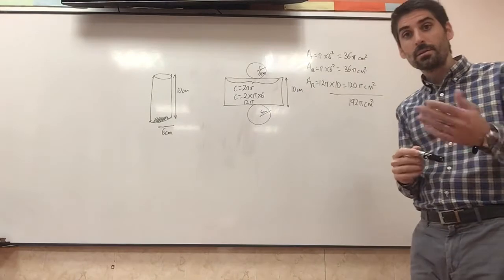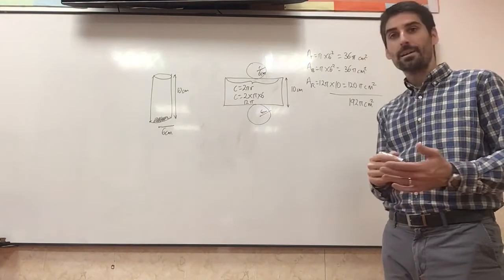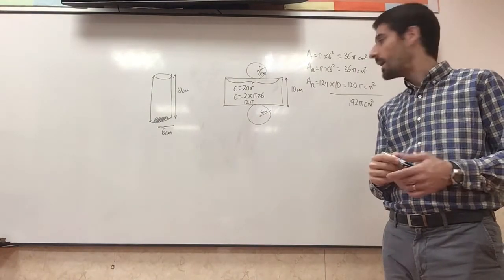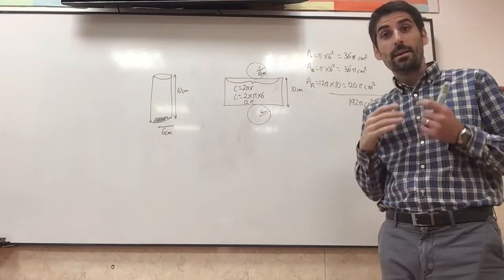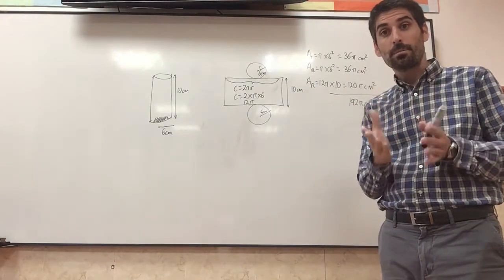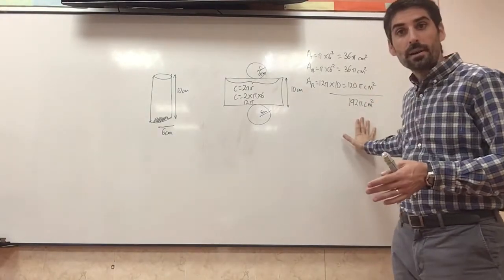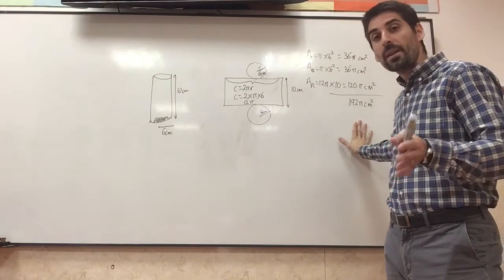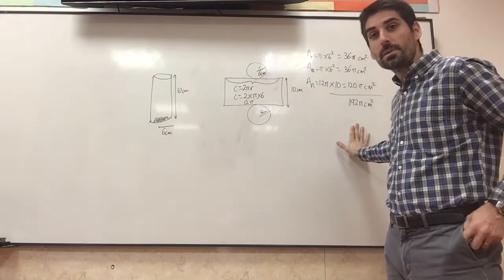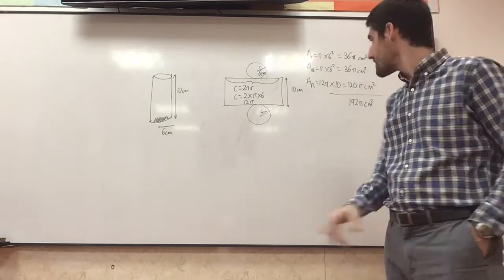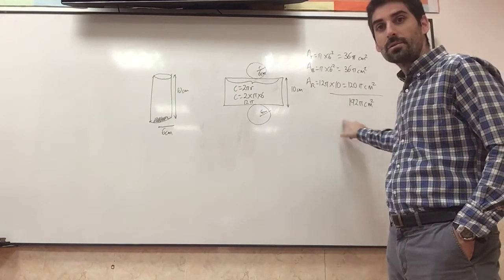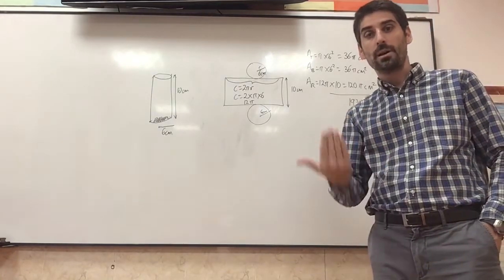And I'm going to tell you the same I told you earlier. If they ask you to give your answer in terms of pi, 192 pi centimeters squared. If they ask you to give your answer in three significant figures, you multiply 192 times pi and round accordingly.